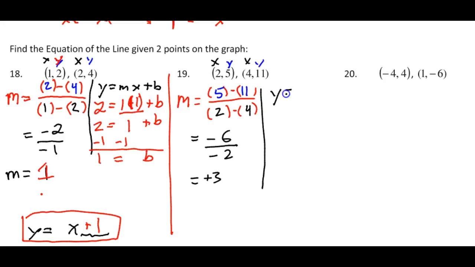Let's use that for our slope. And I'm going to use 2 and 5 for my x and y. So y is going to be 5. Right. Slope's going to be 3. X is going to be 2.